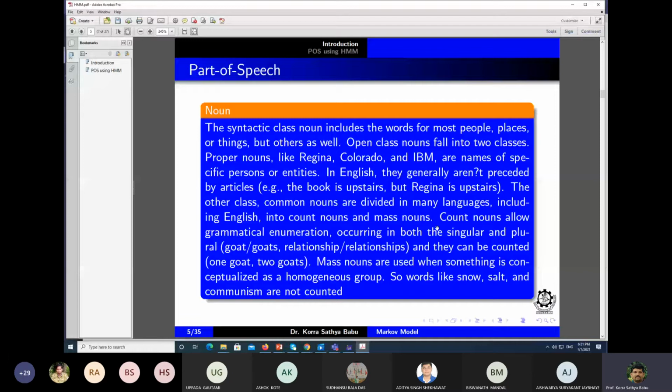So while many researchers believe that all human languages have the categories of noun and verb, others have also argued that some languages such as Indonesian and Tongan don't even make this distinction. See, that is true to some extent.